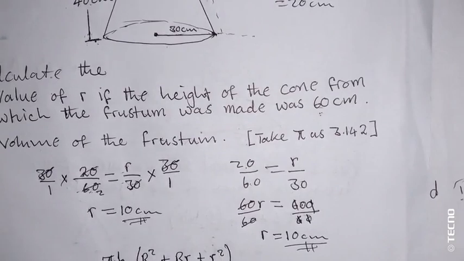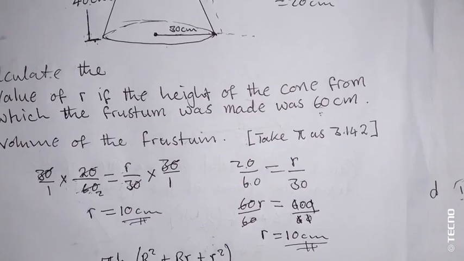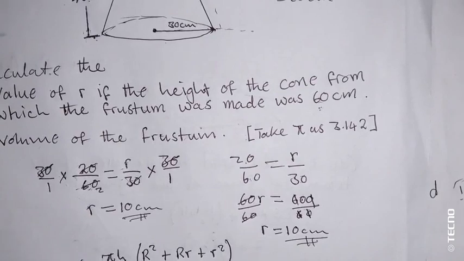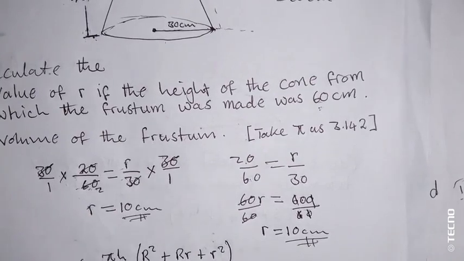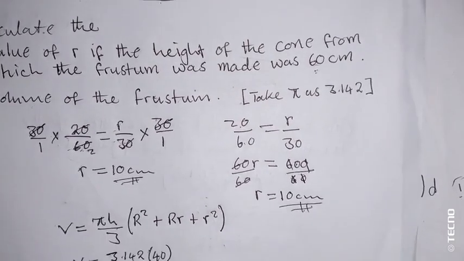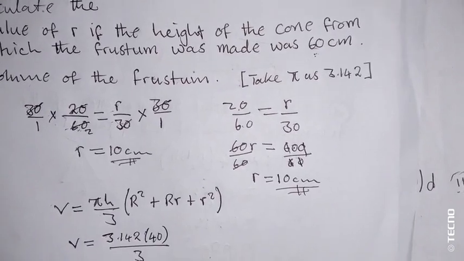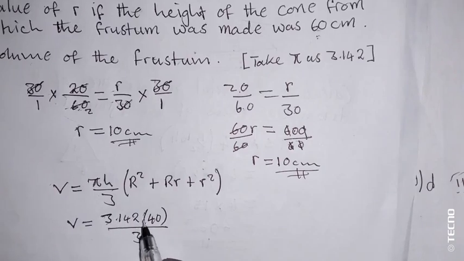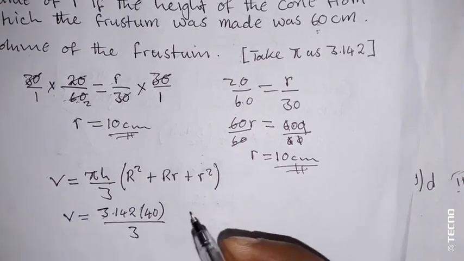So we'll say pi, which is 3.142, times 40, then over 3. So we have something like this: 3.142 times 40 over 3.